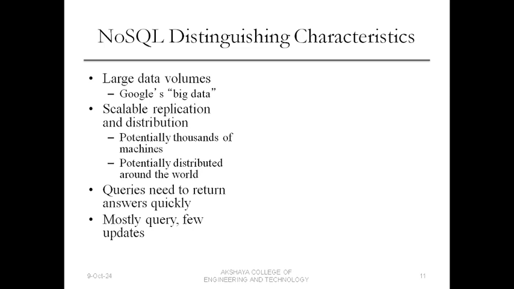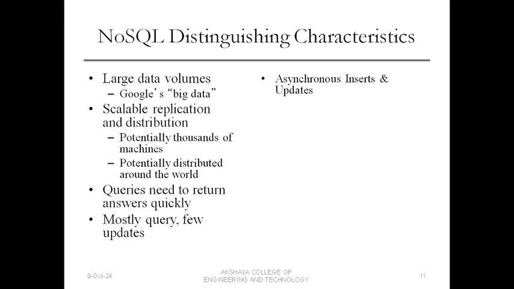NoSQL specific characteristics are large data volumes, as we know, and scalable replication and distribution, which means we can take copies of the data and store them on different machines, and it is possible to collect all that data whenever it is required, which means we can make a query over distributed data.